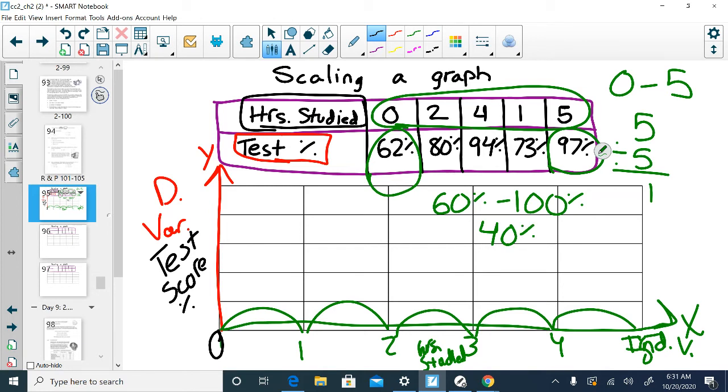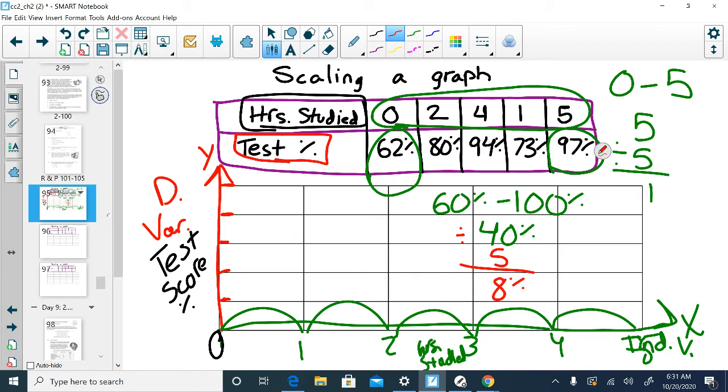And I need to take a look at how many sections I have off on the side. Well, I have 1 hash mark, 2, 3, 4, 5. So here I'm doing 40 divided by 5, the number of jumps I'm making, and that gives me 8.